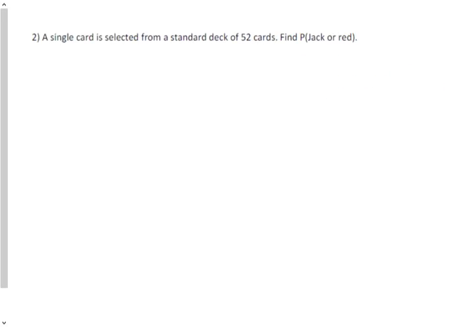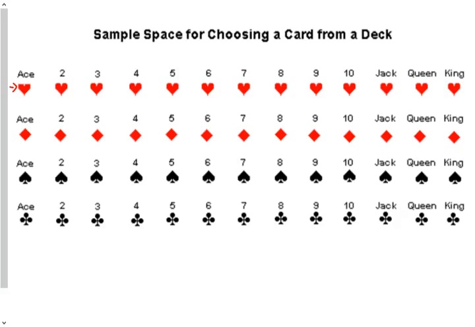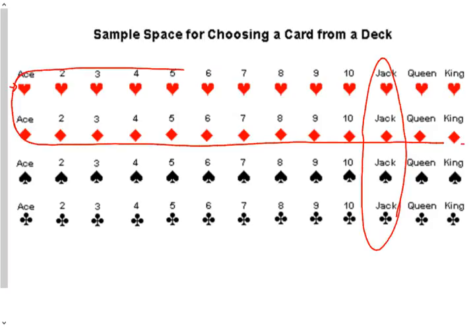Okay, in number 2, you can see now I'm going to do two different things. I want to know the probability that it's jack or red. So when I come here, I've got 26 red cards. You can count those up. There's 26 there. In addition, I've got 4 jacks. So here's my 26 reds and my 4 jacks. The question is, how many total positive outcomes do I have? Well, the red jacks are already included in my 26 reds.